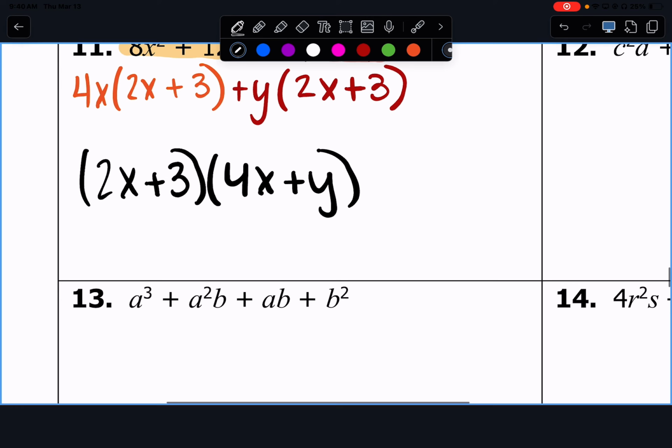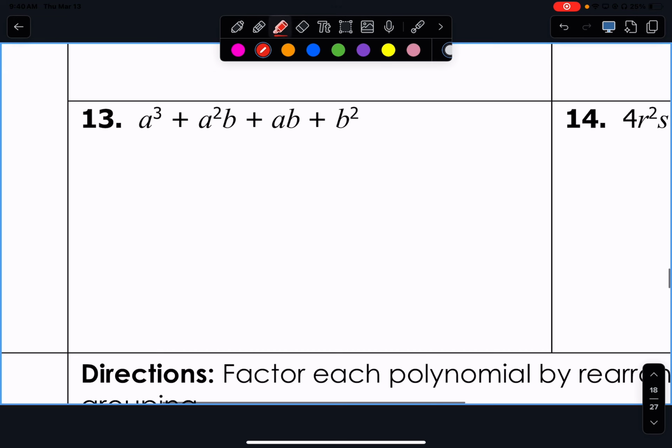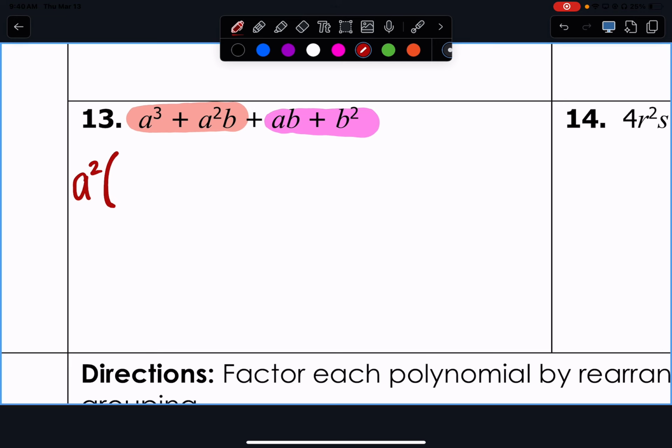All right, number 13. We grouped the first two, and we grouped the last two. Okay, first two, what is our GCF? Probably 2a. A to the second power, which is going to leave us with, because if we divide this by a squared and this by a squared, we get a plus b inside.